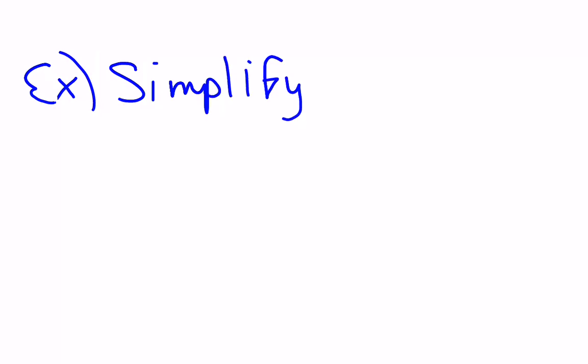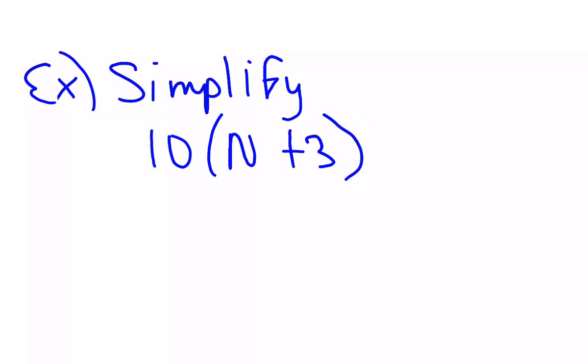Another example, simplify 10 times n plus 3. So if we were to look at PEMDAS in this situation, n plus 3 does not combine together. They're not like terms.